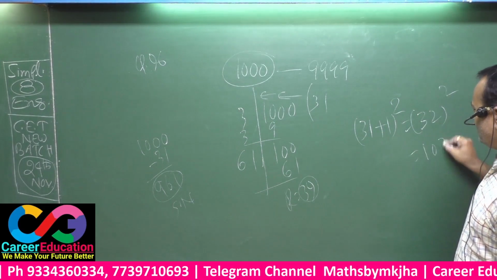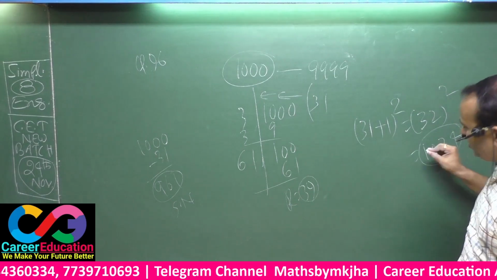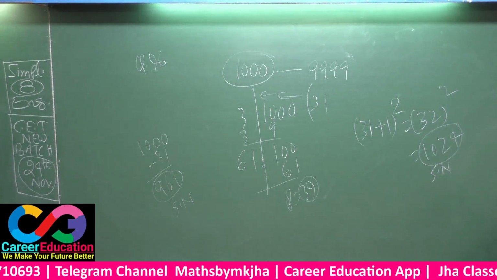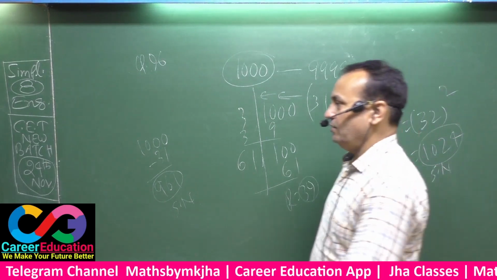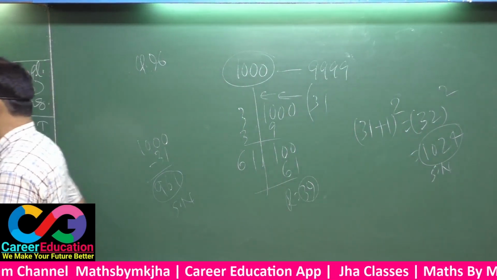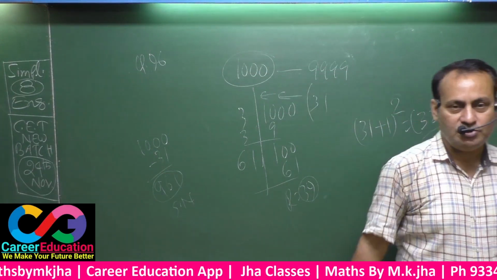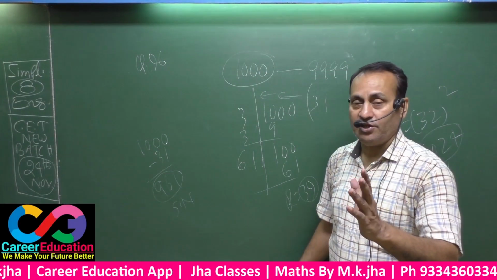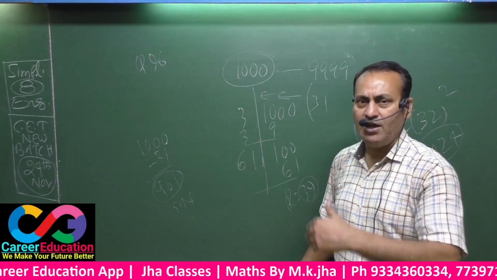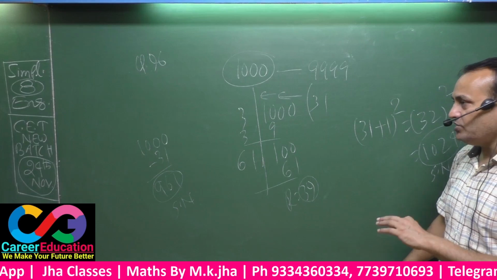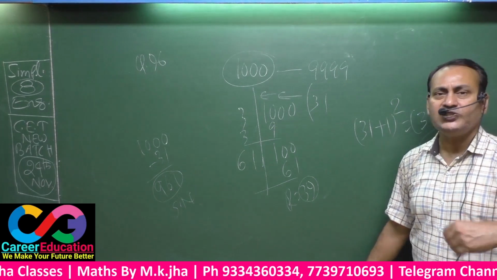This is 1024, and this is the square number of 4 digits. In place of biggest, you have to say here smallest. 1024 is a 4-digit smallest square number.